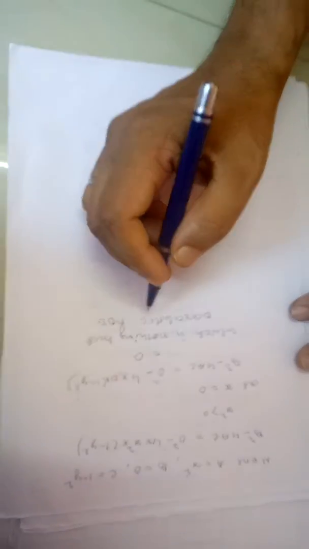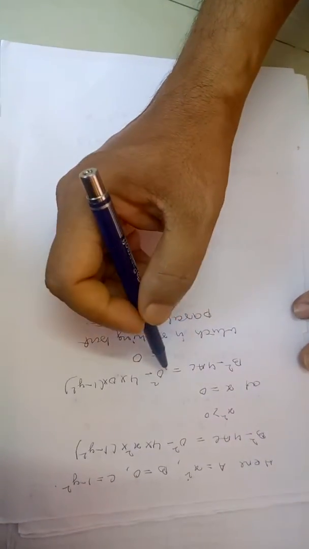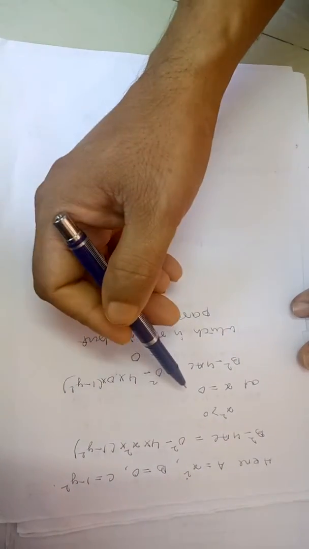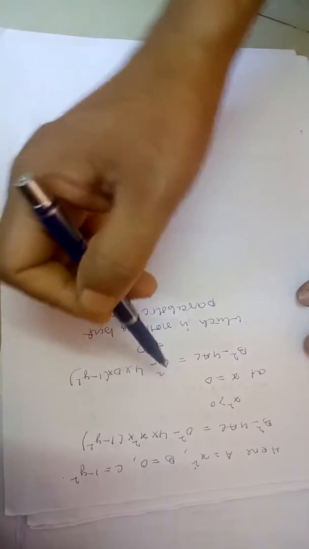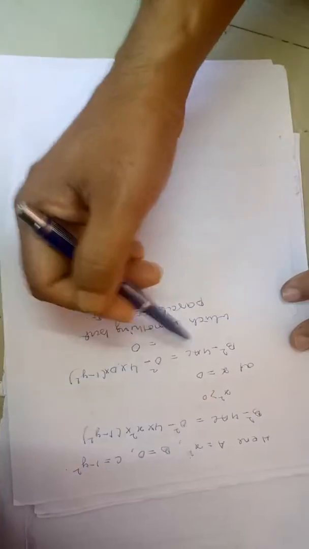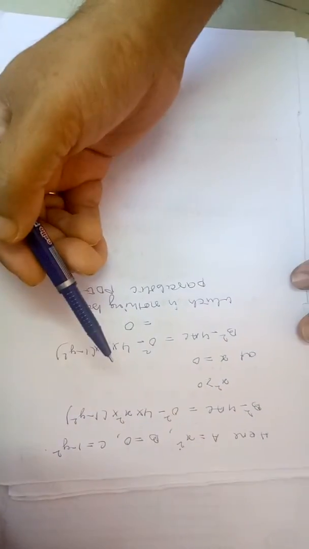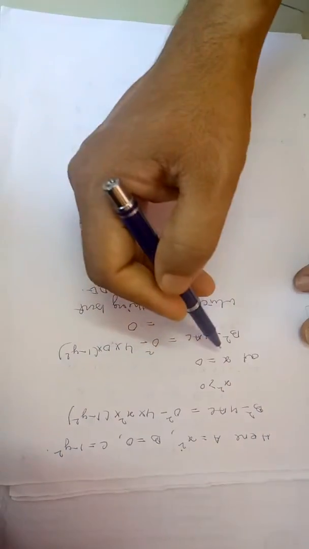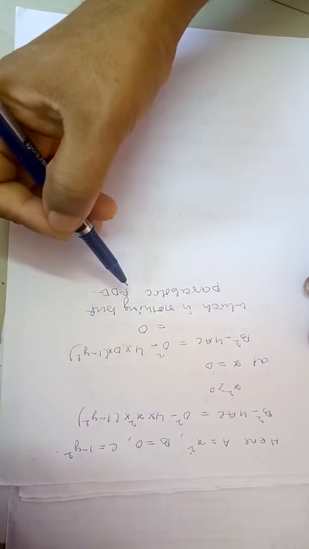Okay, so let us take the second part. Here I am not giving any possibility of x, because if I take x negative, still x square is positive. If I take x positive, still x square is positive. So there will be no change at all in the behavior of the PDE for positive x and negative x. So for x equal to 0, we got the nature of the PDE, and it is nothing but parabolic.